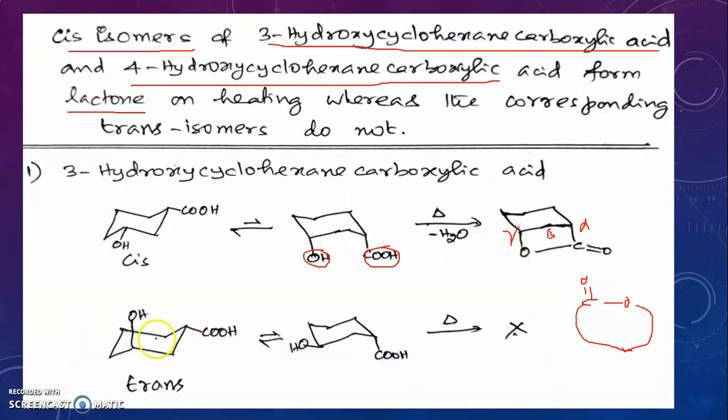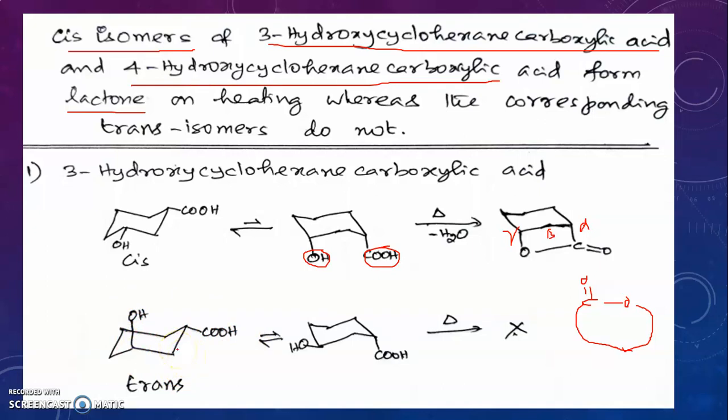Now, if you take the trans isomer of this acid, in the 1,3 trans isomer, one group should be equatorial and the other group should be axial. Are you clear? So you can place the OH group in the axial position because, compared to the acid group, the OH group is small. Now the distance between the OH group and the acid group is far, so this conformation cannot form lactone.